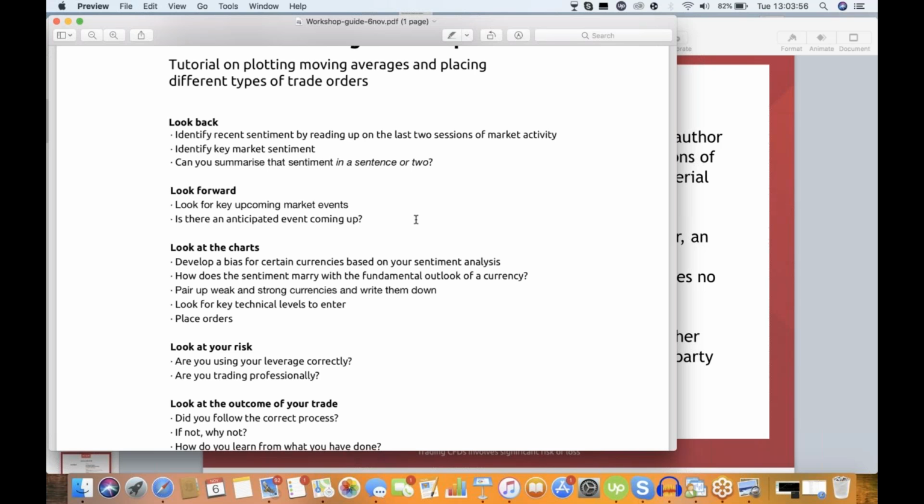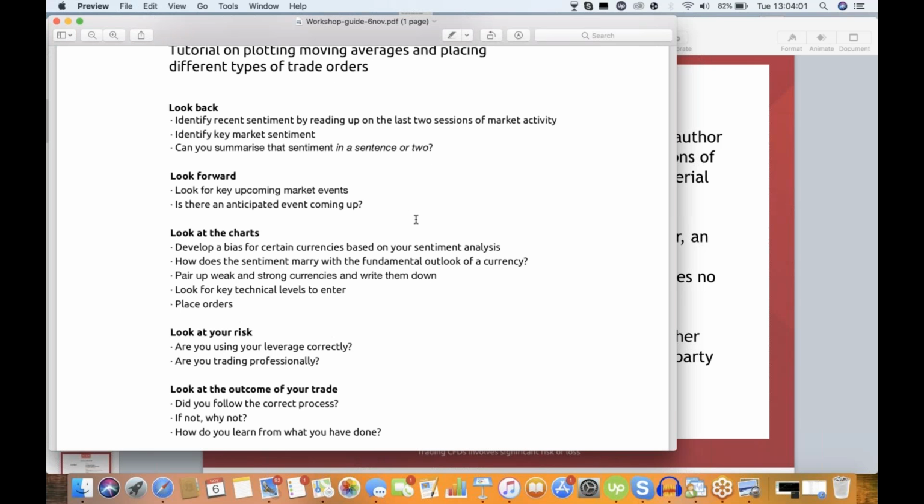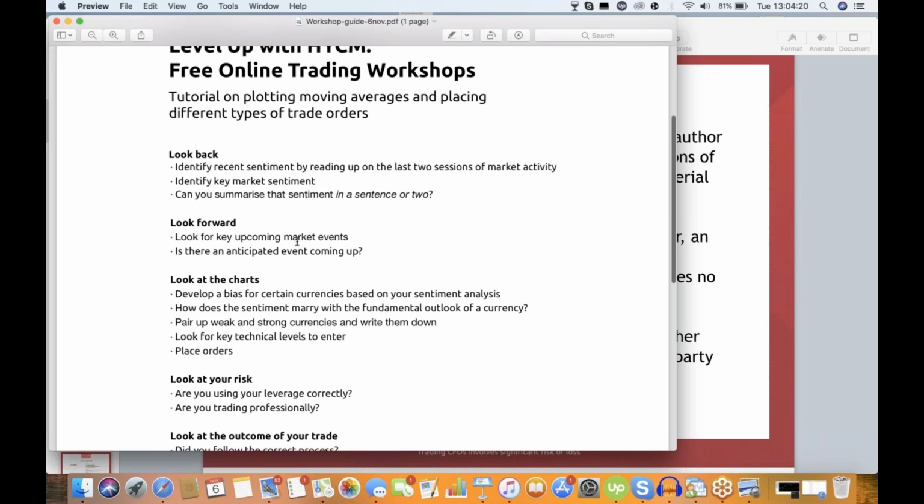So when you see this handout, don't just ignore it. Take it away, print it out, and use it for yourself, and do the same process that we're going to be doing during this workshop, but put it into practice. You do this when it comes to Wednesday, Thursday morning, Friday morning. This is the way I'm going to be showing you how to trade intraday.